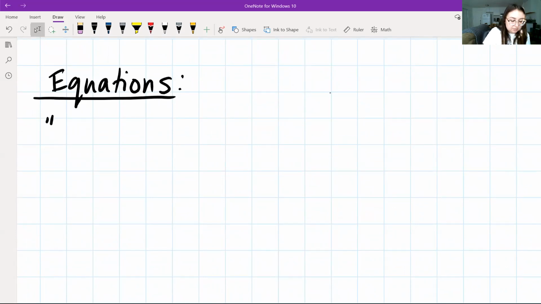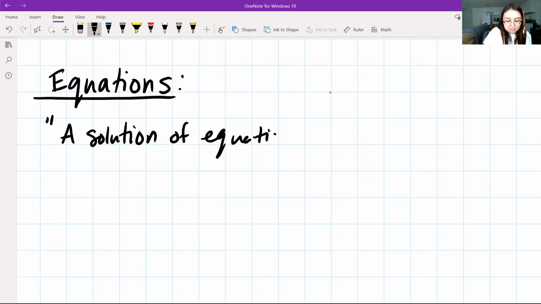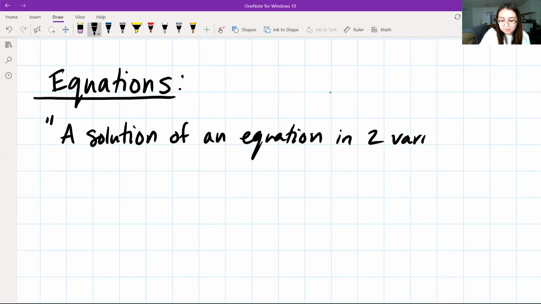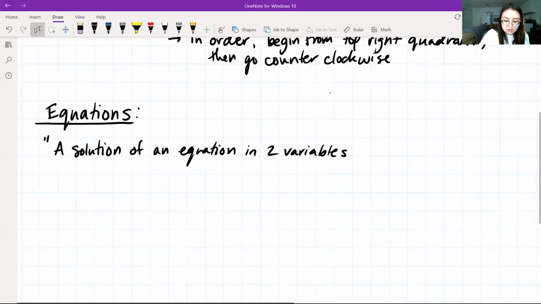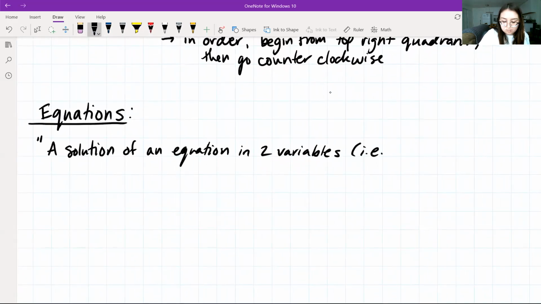Is that a solution of an equation in two variables, and then we're going to say, for example, y is equal to negative 2x plus 3.